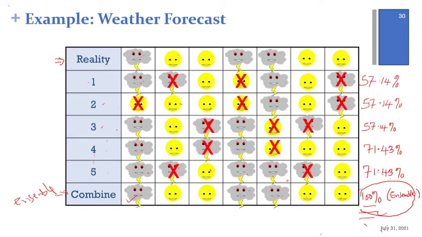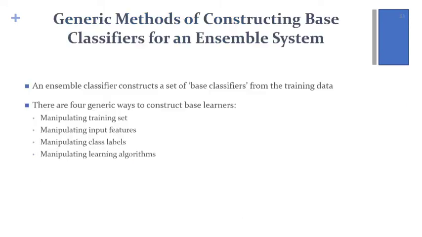Now, having done that, we move further to say that there are a couple of steps when you want to build an Ensemble. You first of all need to generate what we call base classifiers. Because the idea is we have sets of classifiers that you want to combine.